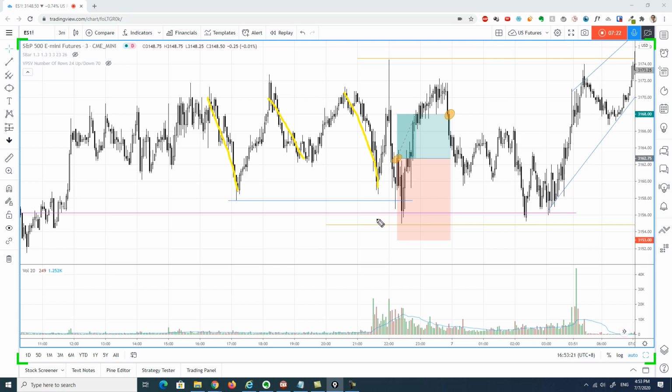So this actually happened during the US session already. But what I'm actually looking at is definitely this 3156 level. So this reaction here is just somewhere around 3160, although it's close.